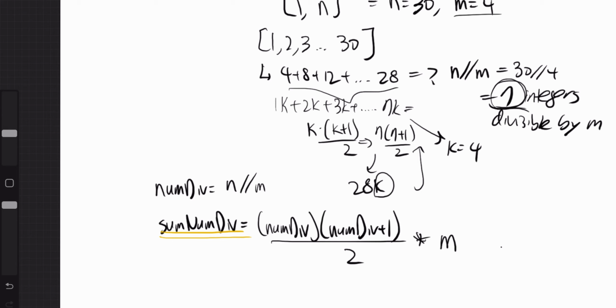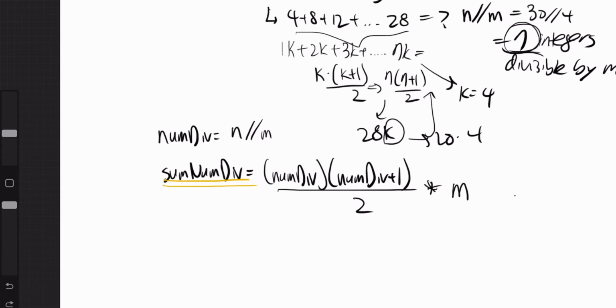So this would simply be 28 times 4, and that is what we have going on here. And so now we have the sum of the values that are divisible from 1 through n.